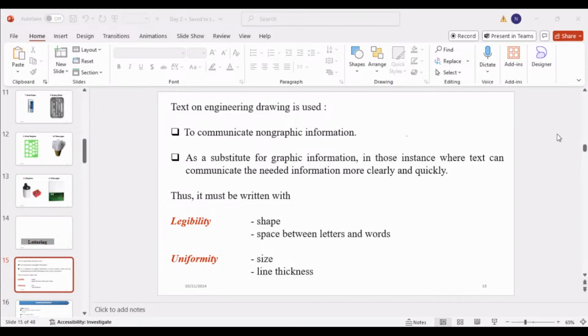Shape එක, ඒ වගේම අකුරු දෙකක් අතර එහෙම නැත්නම් වචන දෙකක් අතර හිඩස ස්ටෑන්ඩඩ් විදිහට අපි අඳින්න ඕනේ. ඒ වගේම size එක එකම වෙන්න ඕනේ, ඔක්කොම උඩ පල්ලෙහා යන්න බෑ. And the line thickness, අකුරු වල ඉරි වල ඝනකම එකම වෙන්න ඕනේ.